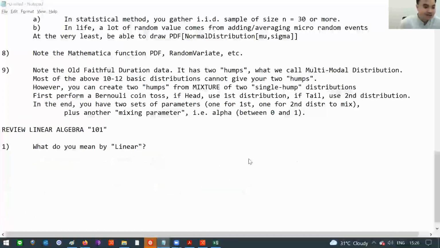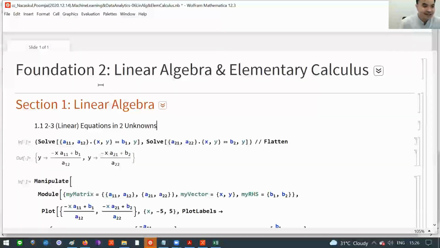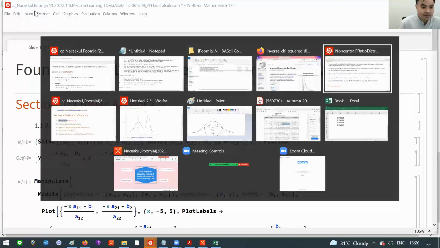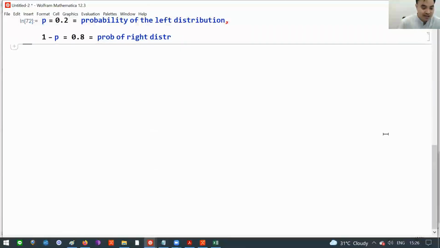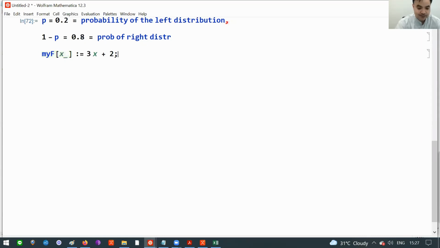Okay, well, let's make it easy, right? Let's say my function, my F of X is equal to 3x + 2.